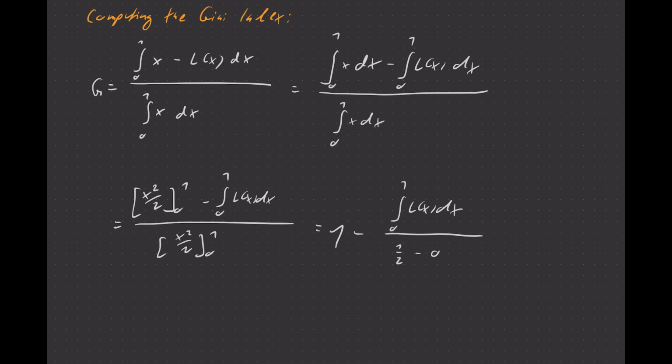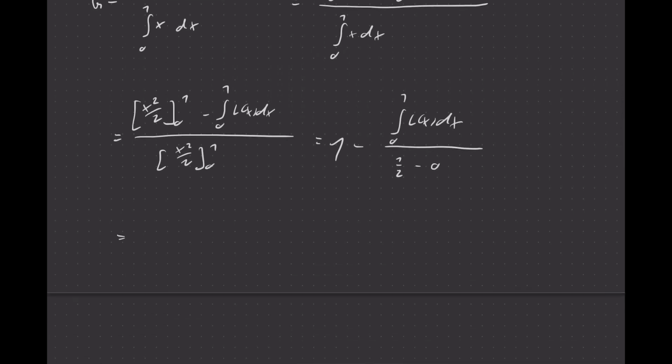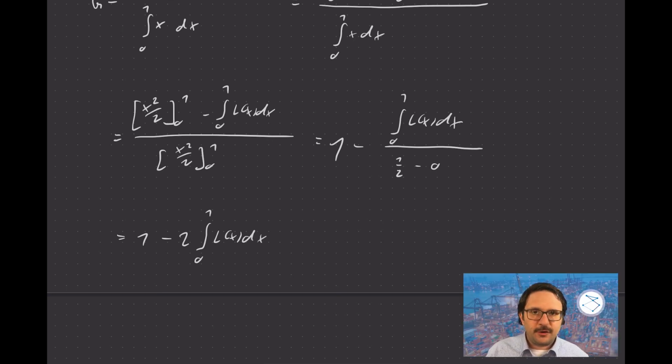So what do we get in the end? Well, we get 1 minus, and 1 over 1/2 is 2. So 1 minus 2 times the integral over L of x dx. So this is a general formula once you know the Lorentz curve.